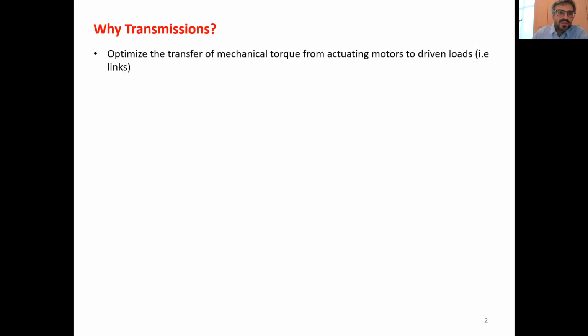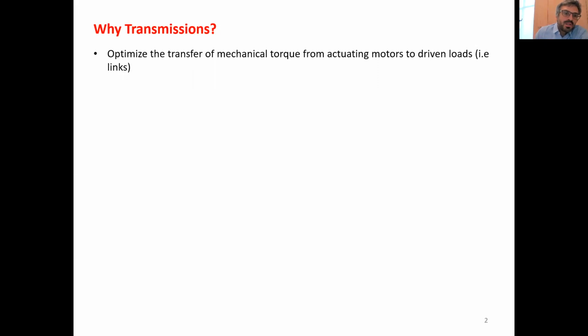Okay. So first, why do we want to have transmission? As I said, sometimes we have a very big link to move, a very big load, and we have a small motor. And we still can do something with this small motor. We need a transmission in the middle.